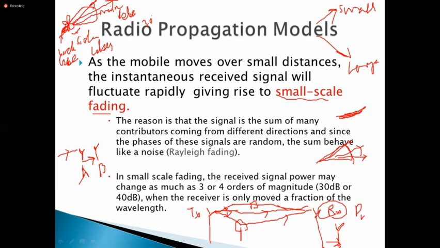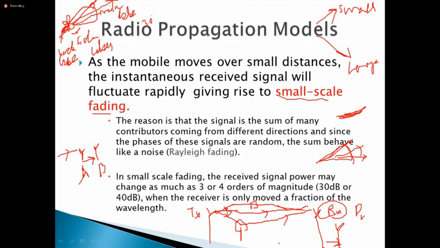So that is why the received signal power fluctuates a lot. Right? Received signal power fluctuates a lot when the receiver moves away from some place, even though it is a small distance. පොඩි දුරක් වුණත් move උනේ receiver එක. අර receiver එකට හම්බෙන signal එක ගොඩාක් fluctuate වෙනවා. Right? So that is called small scale fading.